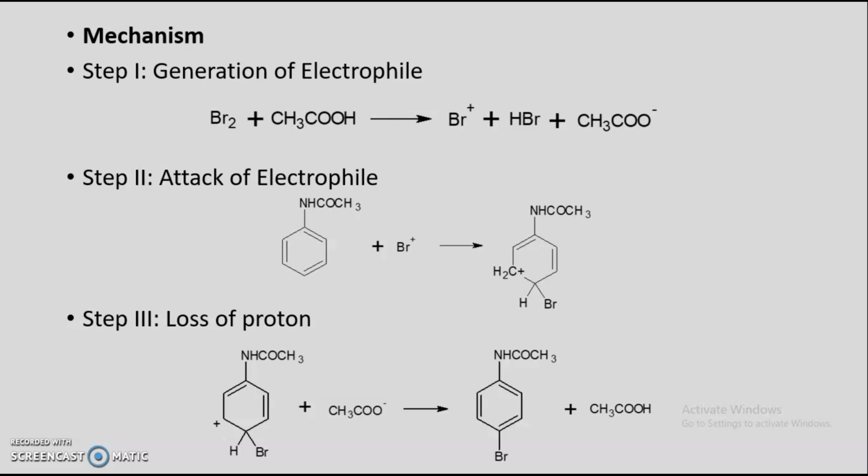Here we can obtain the monosubstitution product. Another advantage is that when we hydrolyze the acetanilide group back to aniline, we get the para-substituted, that is, the monosubstituted aniline. That is one advantage of converting aniline into acetanilide. So this is the mechanism and the reason why the bromine attacks at the para position.